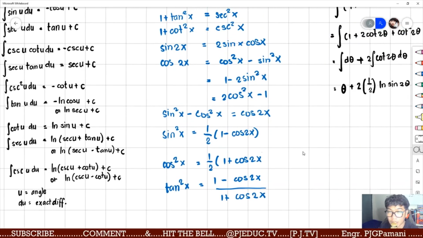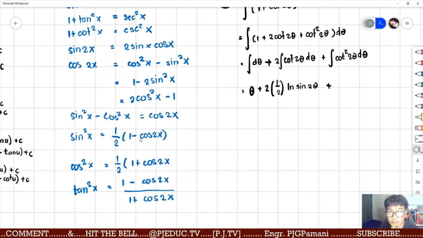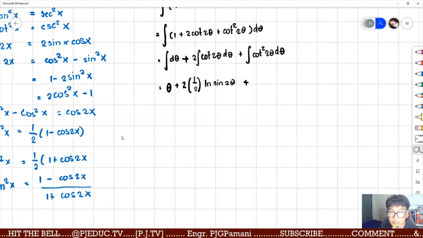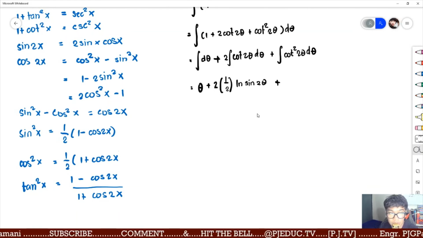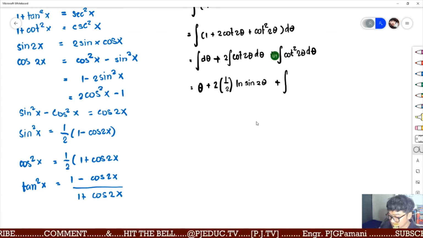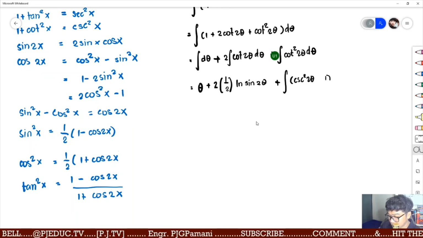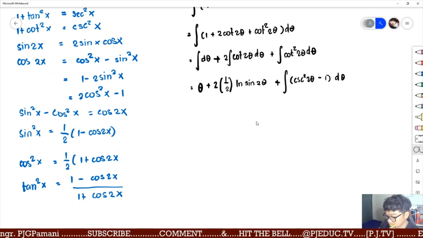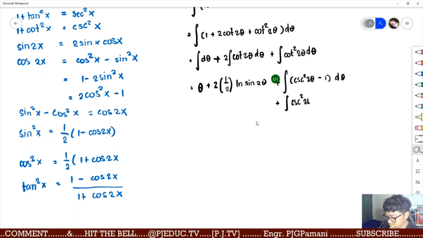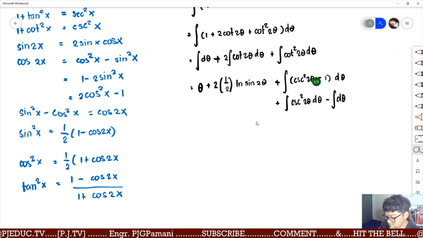Meron ba? Wala. But we can express cotangent using your trigonometric identities, 1 plus cotangent squared x equal to cosecant squared. So we can express that as cosecant squared 2 theta minus 1 d theta. Diba? Solve na natin yan kanina. That is also equal to cosecant squared 2 theta d theta minus the integral of d theta.